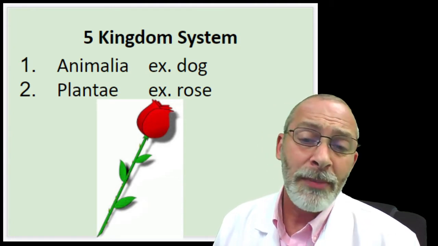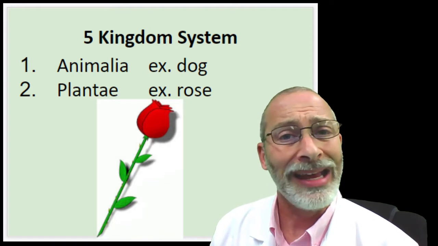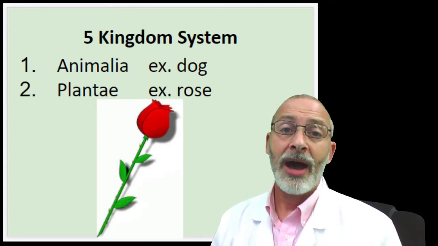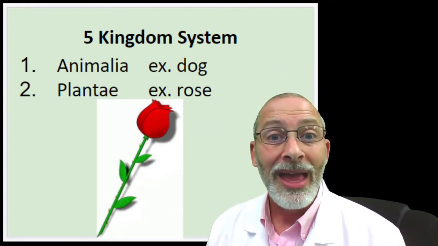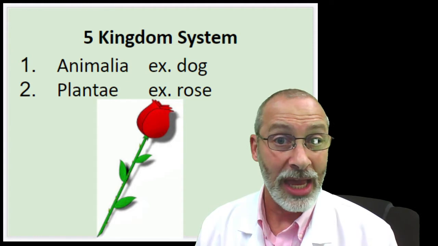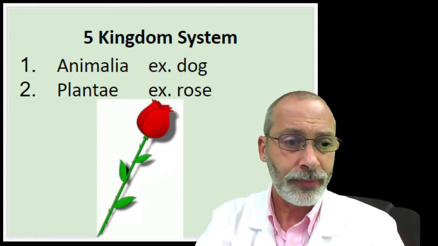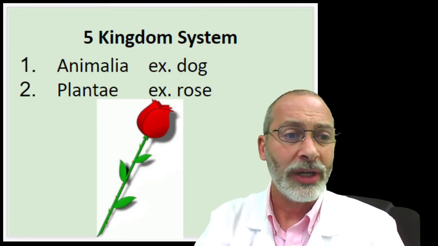But an example of a plant would be a rose, because a rose, by any other name, is just as sweet. Now, here's where we start to diverge from Aristotle, because again, we know a little bit more than he was aware of. So we don't stop with only 2 kingdoms of organisms.